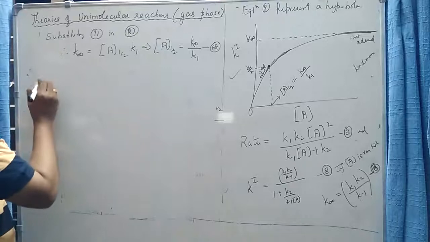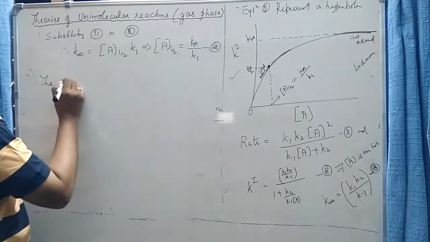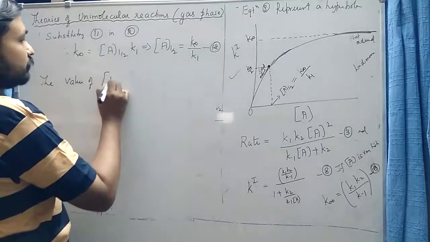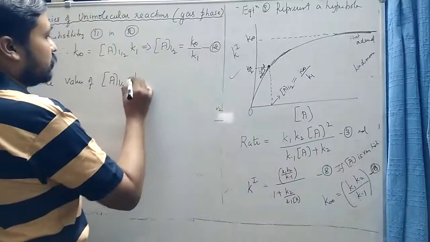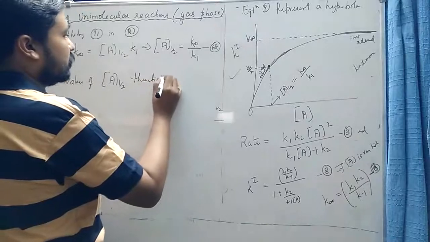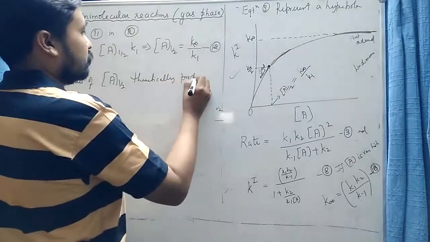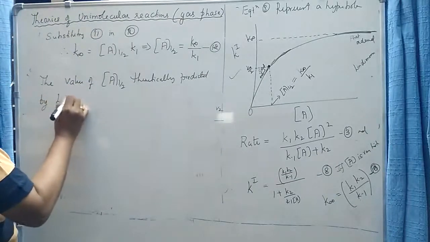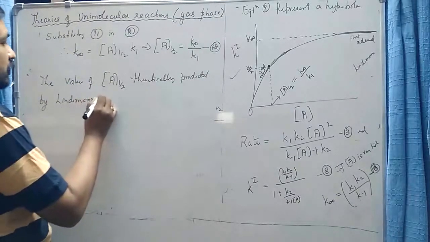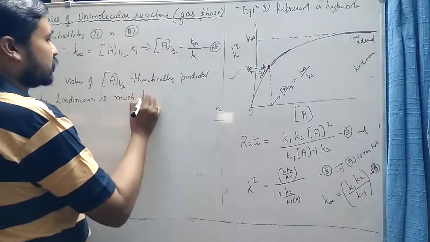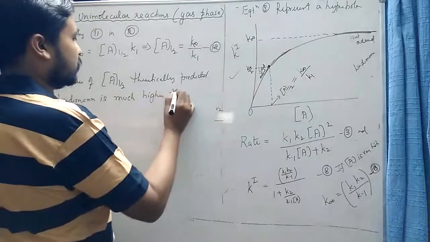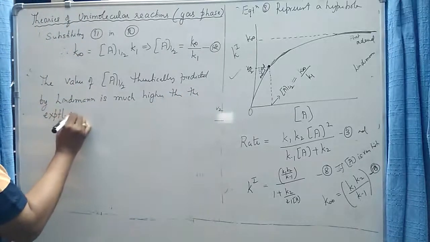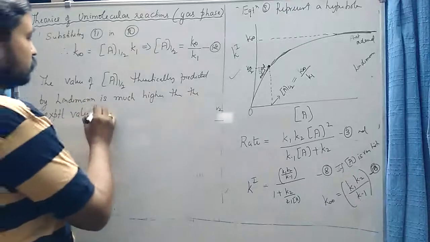What is observed is that the value of a half theoretically predicted by Lindemann is much higher than the experimental value.